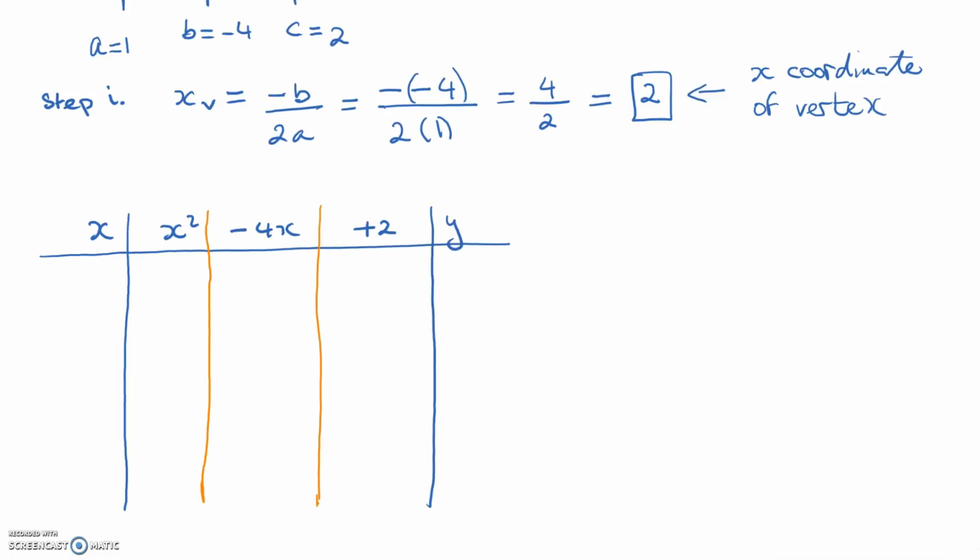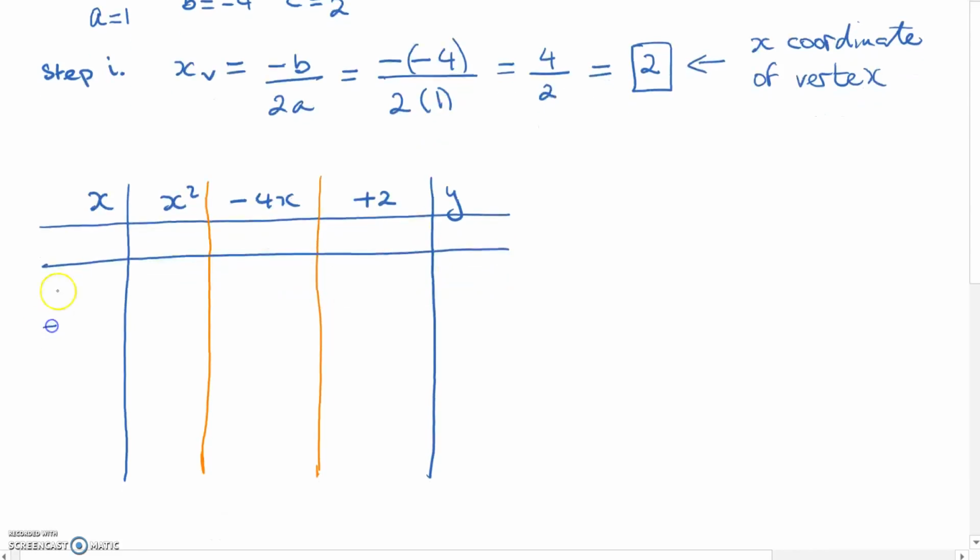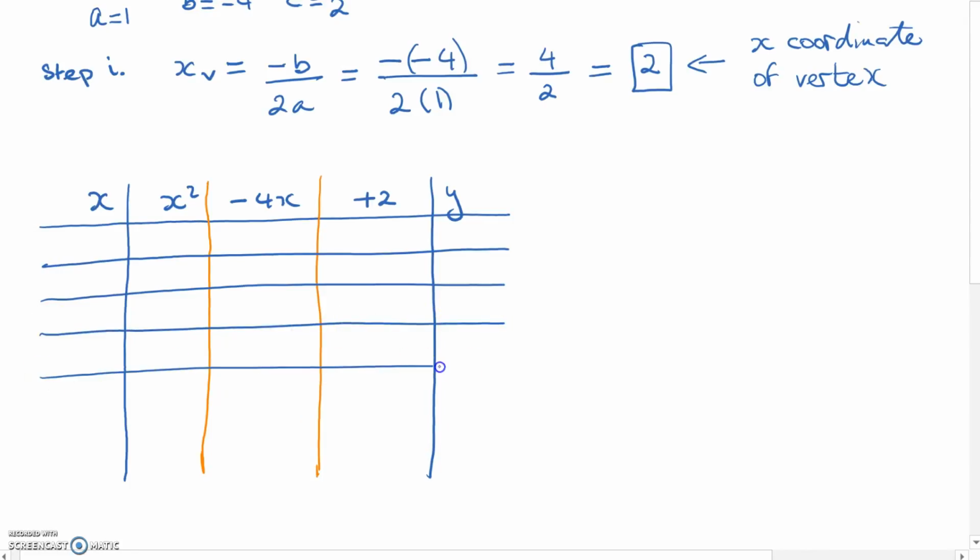And then we're going to have 7 rows altogether. We have the title row and then 7 more. So 1, 2, let's put an arrow there, 3, 4, 5, 6, and 7.